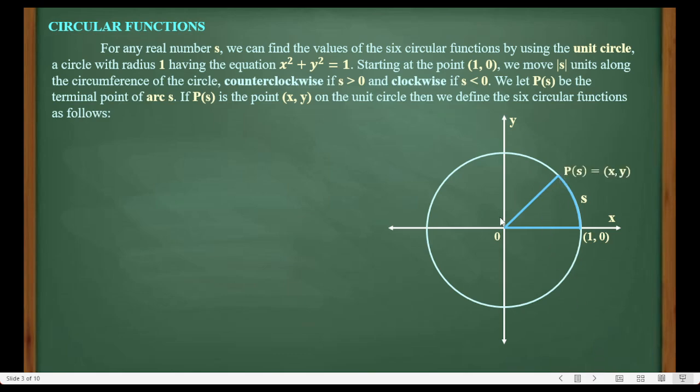And if this is your terminal side, at the end of the terminal side, we have the terminal point denoted by capital letter P. Now, because of this terminal point, an arc length is generated, which is positive in value. So, P sub s will have a corresponding pair of coordinates x and y.